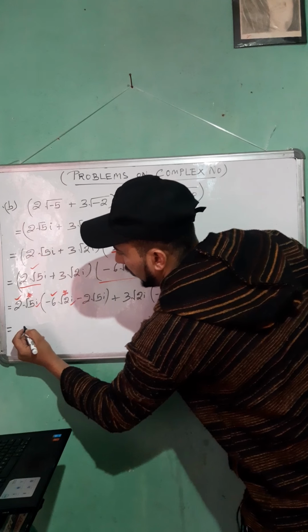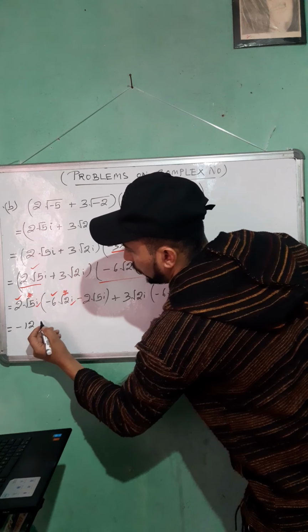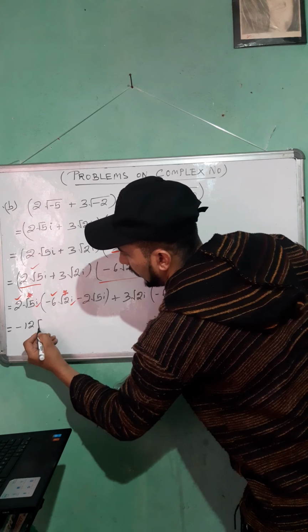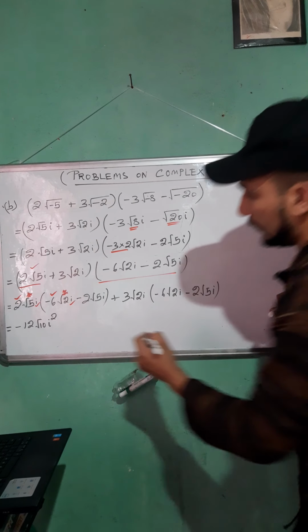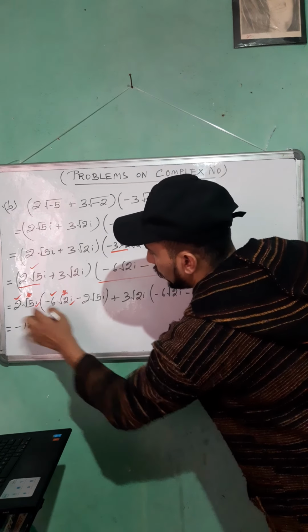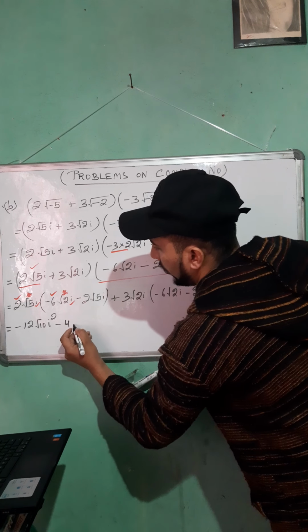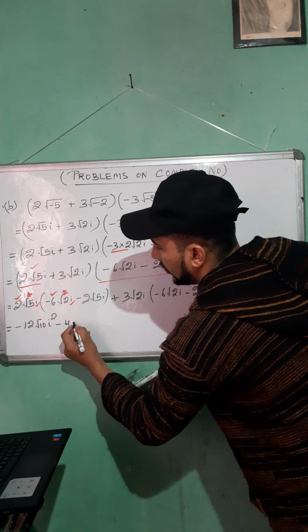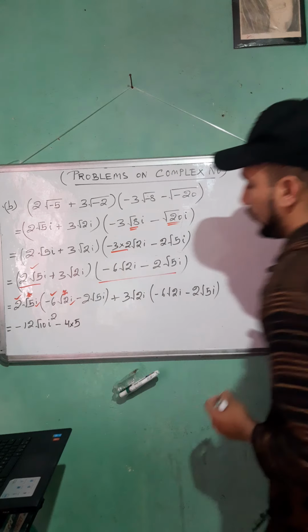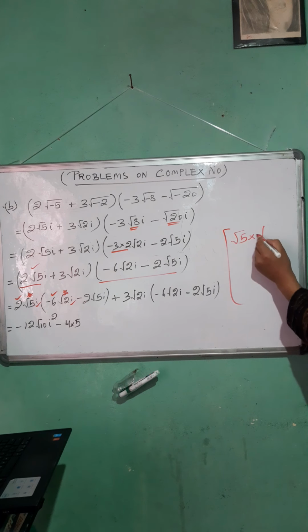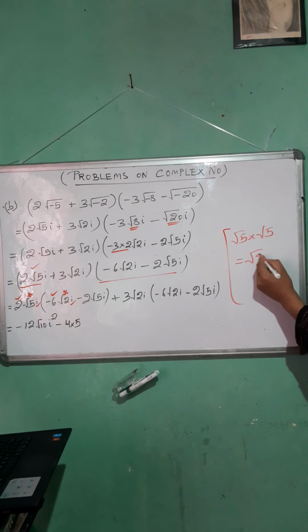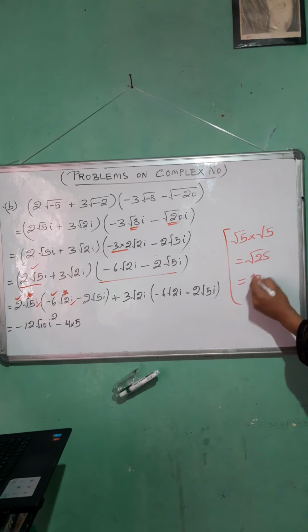So 2 into minus 6 is minus 12, root 5 into root 2 is root 10, i into i is i square. Minus 2 into 4 is minus 20... root 5 into root 5 means root 25, root 25 means 5 only.